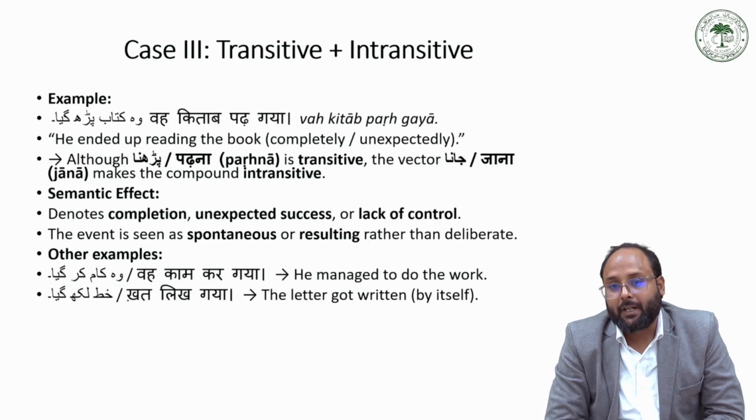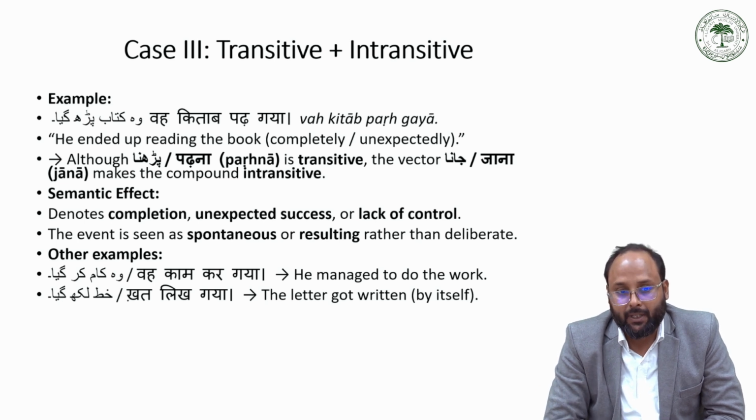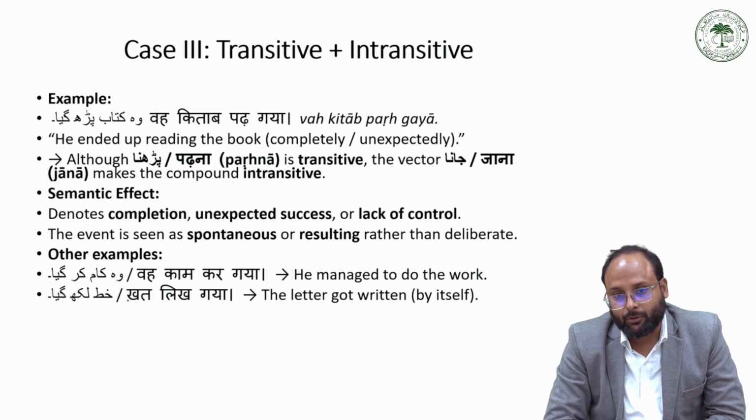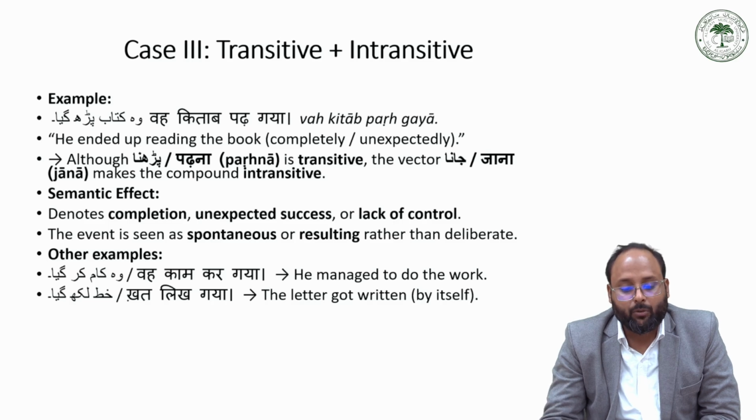And now this is another example of transitive plus intransitive: वो किताब पढ़ गया, वो काम कर गया, वो खत लिख गया, लड़का खत लिख गया. This kind of thing we have in this transitive plus intransitive combination.